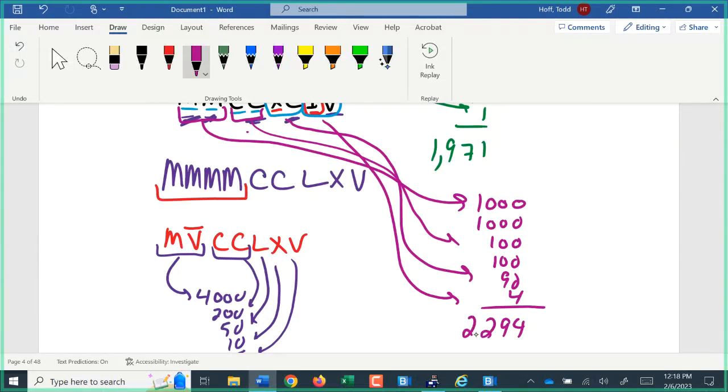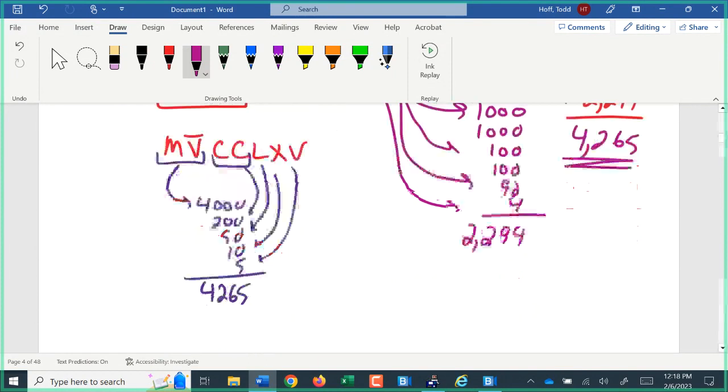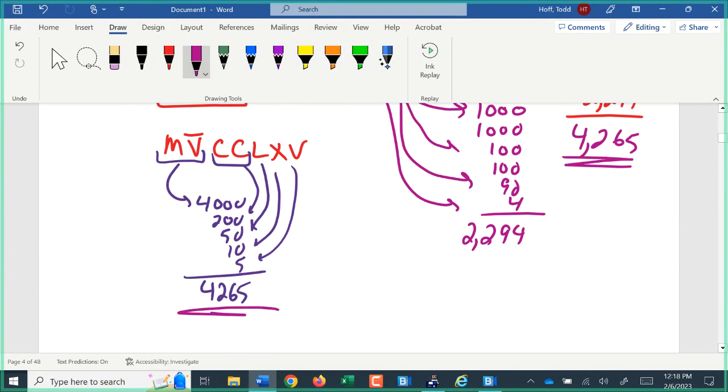So that's 2,294. If I add 1,971 and 2,294 in our standard numerals, 5, 6 carry the 1, 2 carry the 1, 4,265, which is exactly what I had combining the Roman numerals.